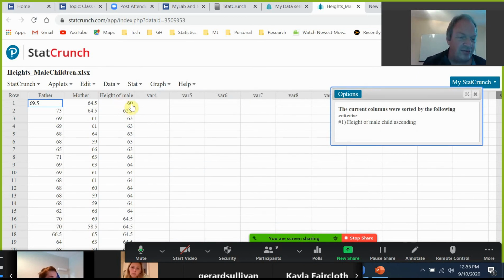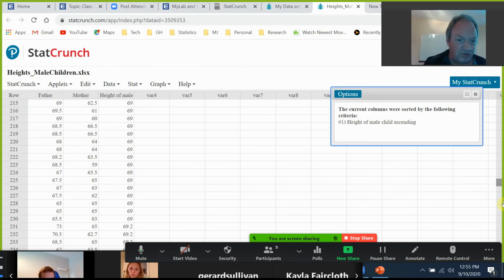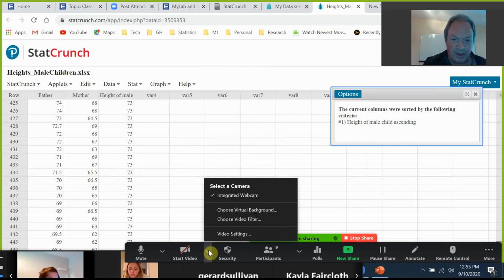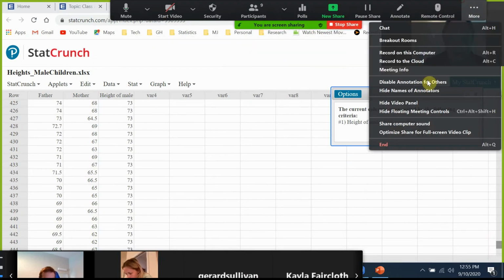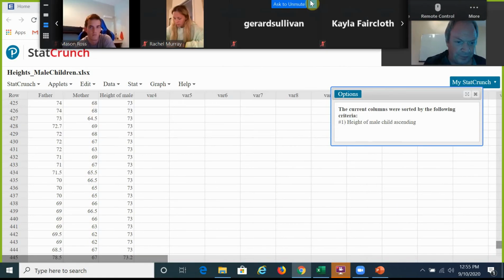So this is 60 inches, what is that, 5 feet? So that's reasonable, nothing strange there, right? And we go all the way down here. And let me try to get to the bottom. I'm going to have a hard time getting to the bottom because I think I've got too many windows open. Here we go. And the last one is 73.2 inches. So that's 6 feet 1.2 inches.